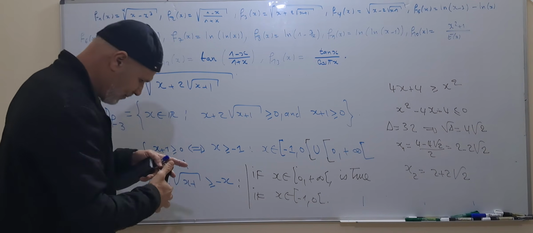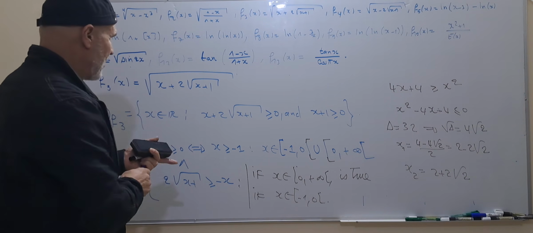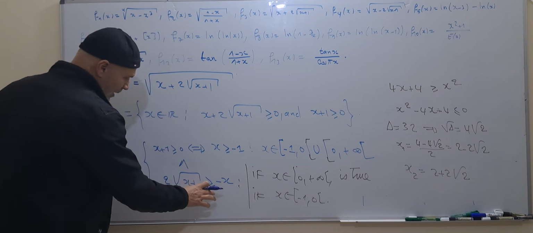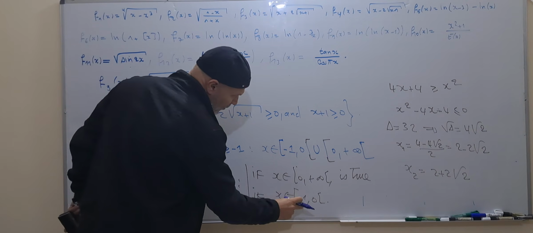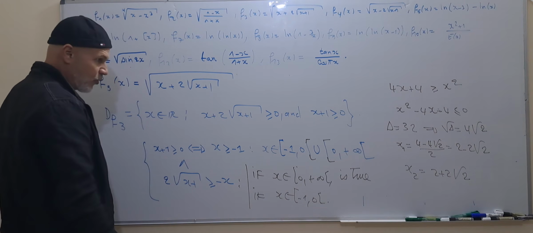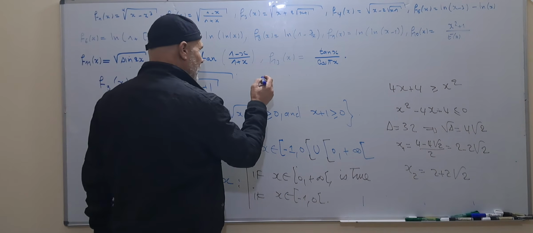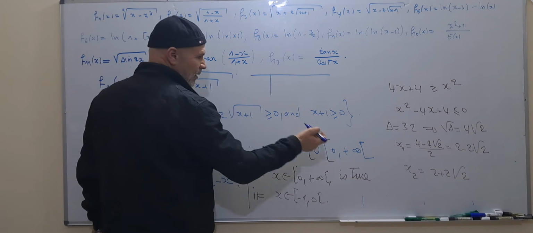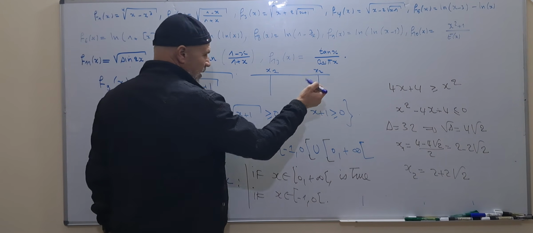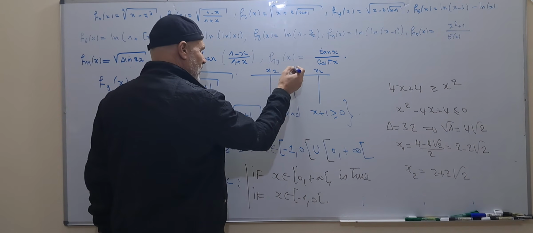So this is true. We are working just in minus 1, 0. So this formula is true if x, we have the domain x1, x2. x2 is positive, 2 plus 2 square root of 2, but we are working just for 0.